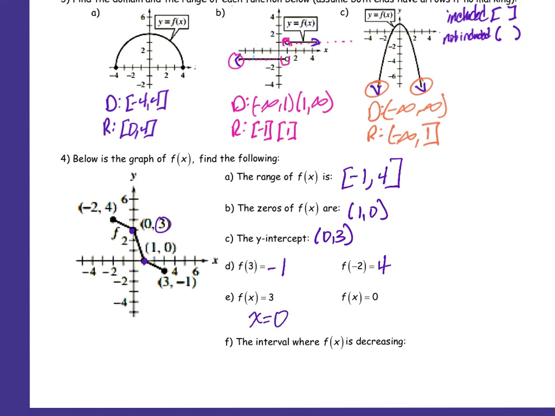And if y equals 0, which is here, what does x equal? X equals 1. Okay? And what is the interval where f of x is decreasing? Well, it's decreasing over the whole thing. So I guess that would be from -2 to 3. There. Questions? Everyone okay?